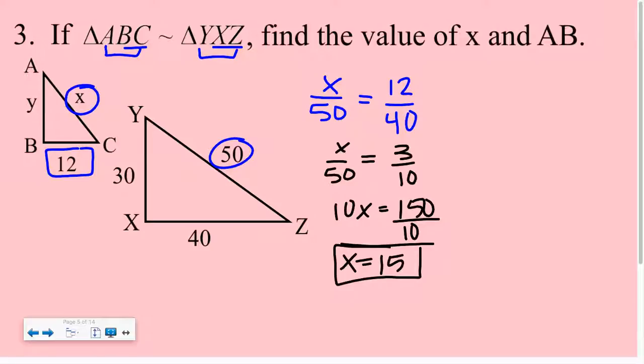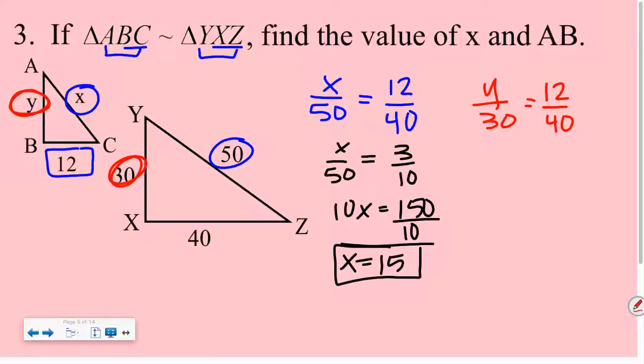We also have to find the length of AB. I called it Y. Maybe you want to do that too on your picture. It's representing a side, so I have to set up another proportion. Y in triangle ABC corresponds with what? 30. As, now I gotta come back to that first triangle. What do you want to use? You can use 12 and 40 again, or you could use 15 and 50. It wouldn't matter.